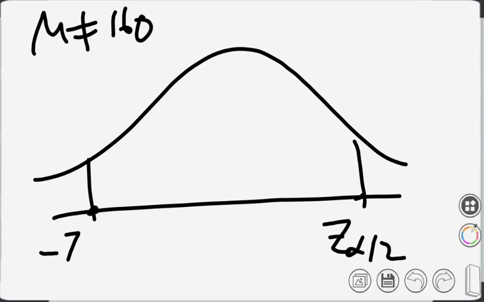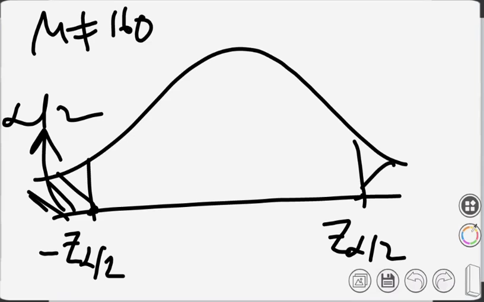This is minus Z alpha by 2. That means this area is alpha by 2. That depends upon the test, but for an example, this area is also alpha by 2. So this is for the two tail test. The critical region will be distributed on both sides.